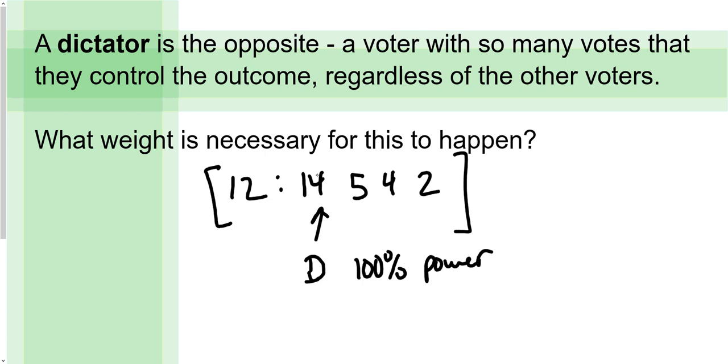If he votes yes, it's automatically passed. But if this guy votes no, if these numbers were bigger, they could override the 14 and pass the motion anyway. So that might be interesting to think about.